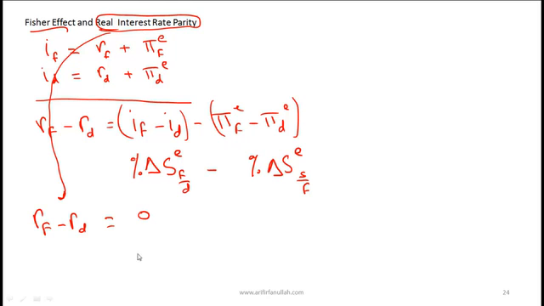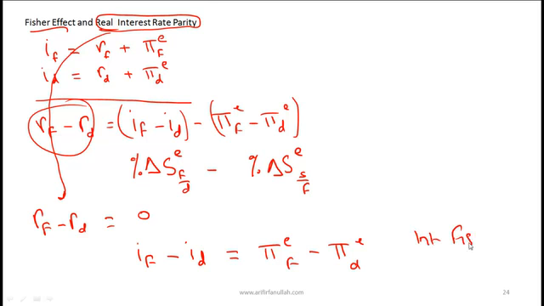So let me just write this down explicitly. The interest rate differential is given by this expression, and if this is 0, then effectively we have the interest rate differential being equal to the inflation rate differential, and this relationship is called the International Fisher effect.